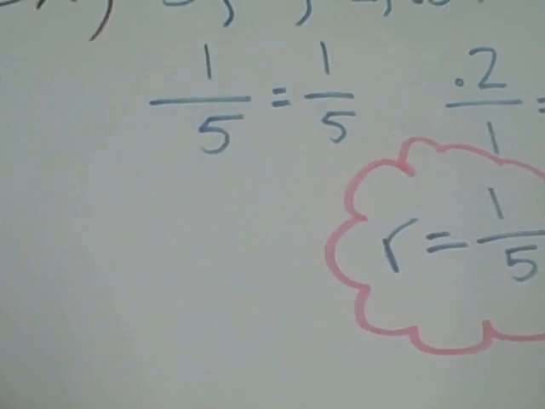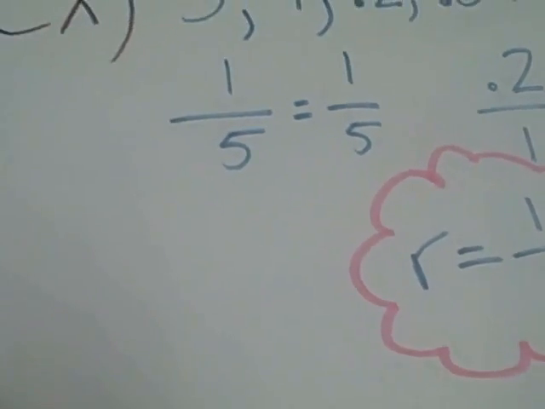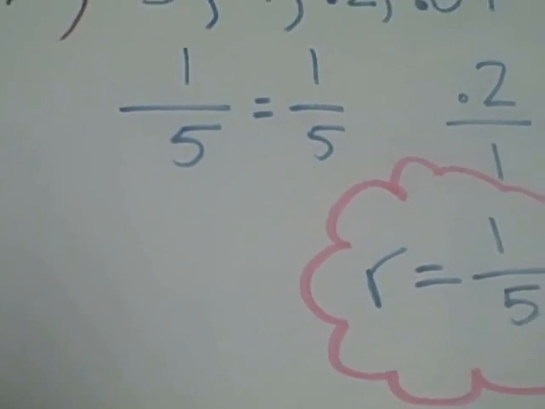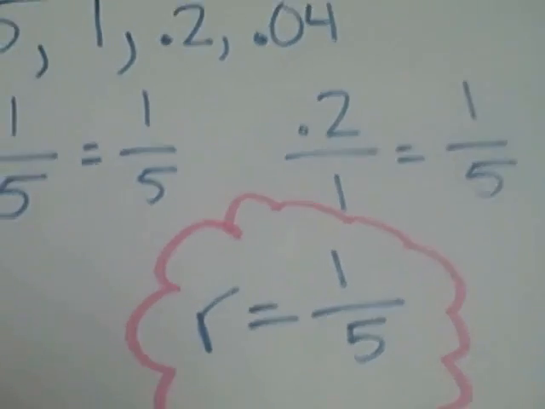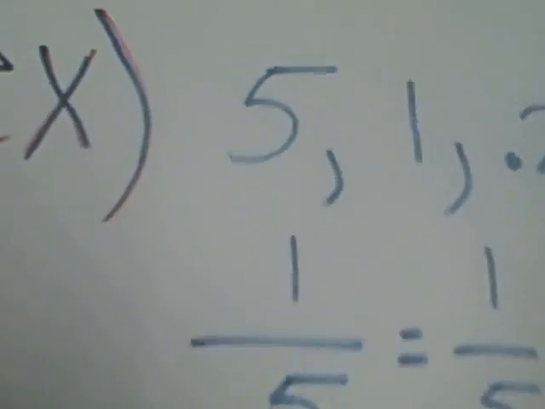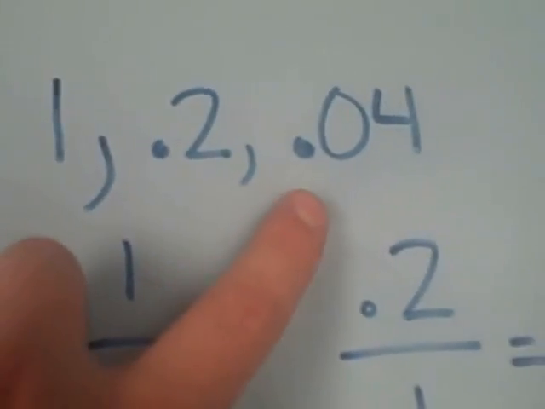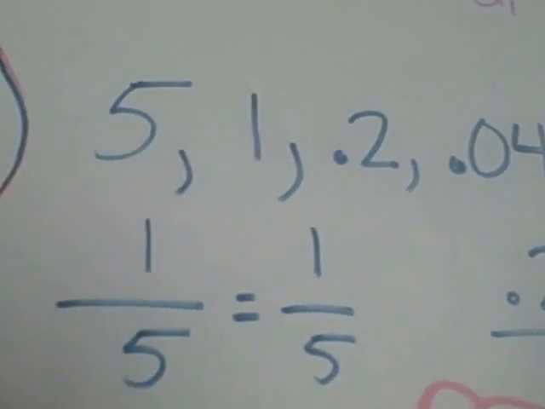Okay, to find out if a sequence is geometric, all of the ratios should be the same, and we have 5, 1, 0.2, and 0.04 for our first example.